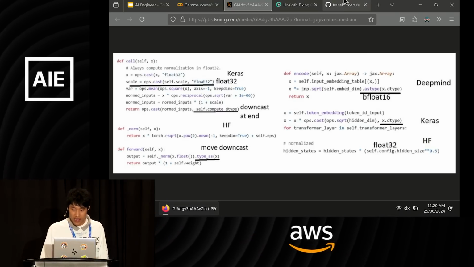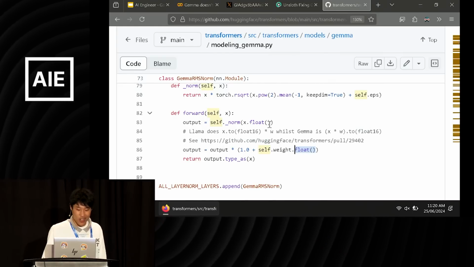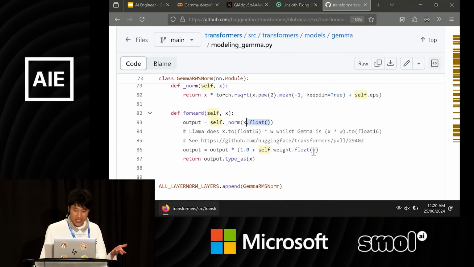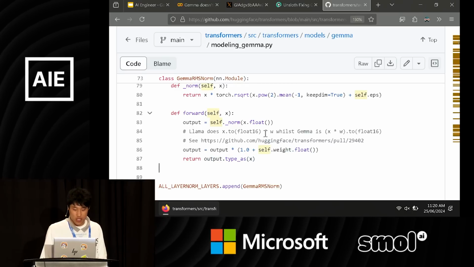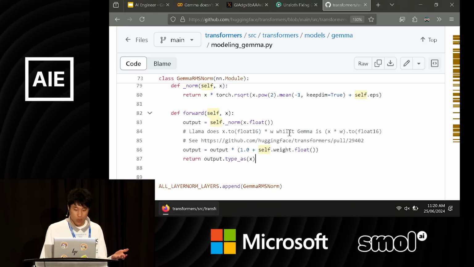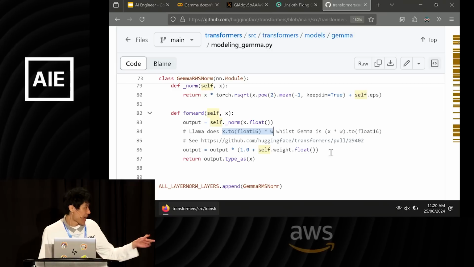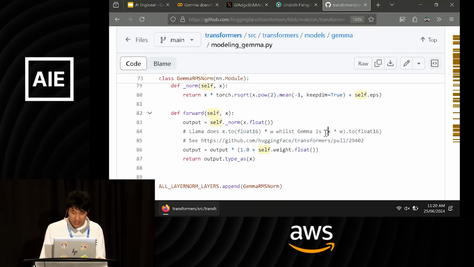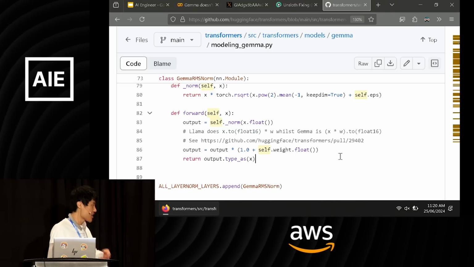So we found that you have to upcast immediately, and then downcast at the very end. We wrote a few comments: Llama does x.to float 16, whilst Gemma does this. So there are small issues with downcasting and upcasting.